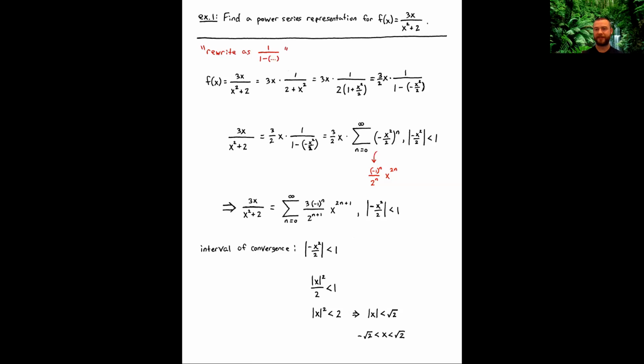We don't have to worry about the plus or minus since the absolute value version right below deals with that by looking at it as between the negative and the positive version. So we finally get absolute value of x is less than square root of 2, which is equivalent to saying the values of x for our interval of convergence are strictly between negative square root of 2 and positive square root of 2.